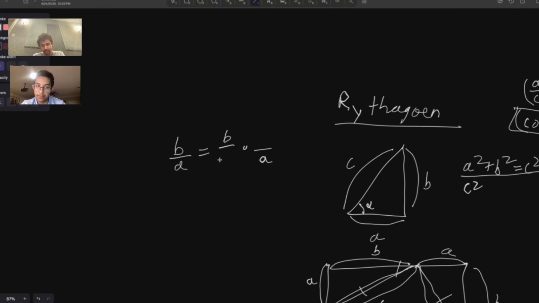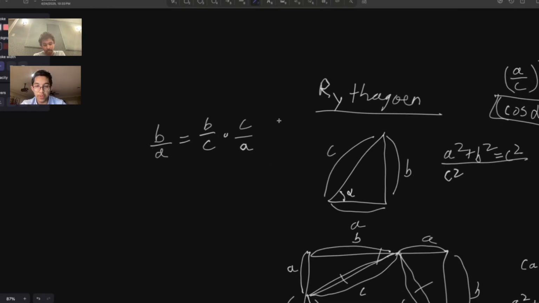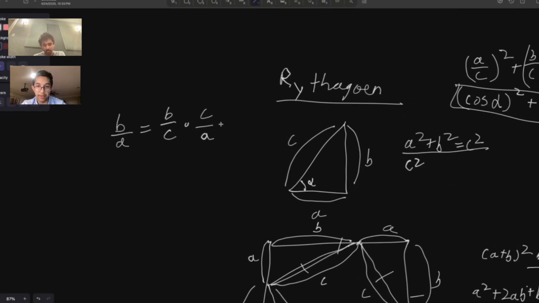Now, what should the something be? We could set it to C, and it will cancel out, give us B over A, right? Yeah, it will. Now I'll rewrite this as B over C times 1 over A over C.